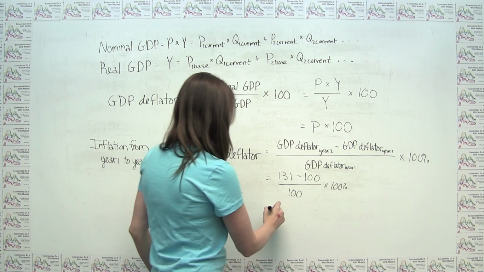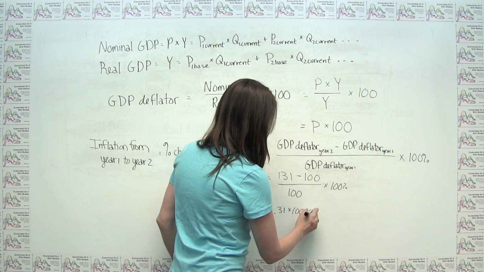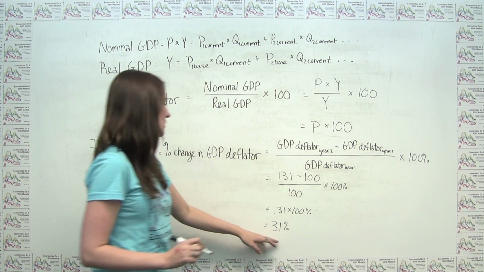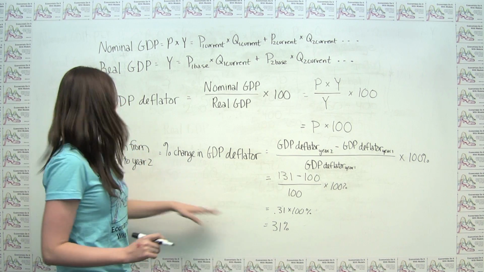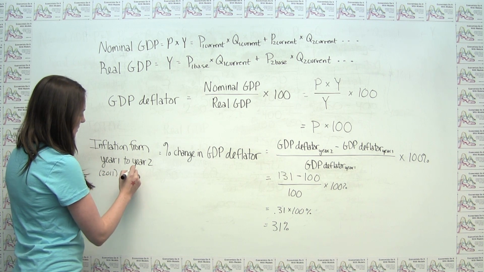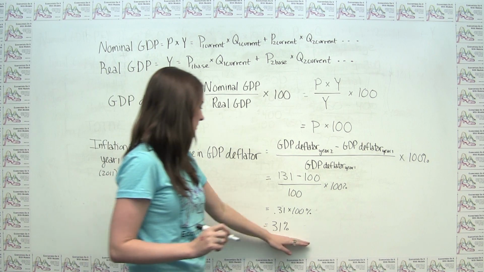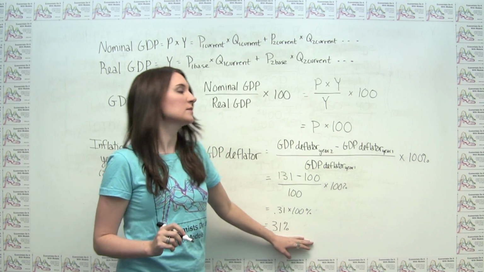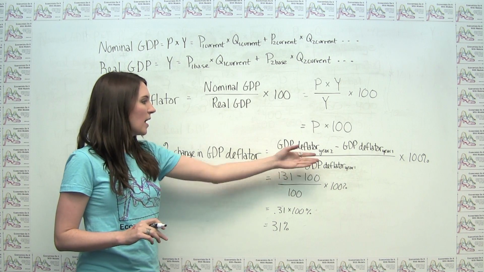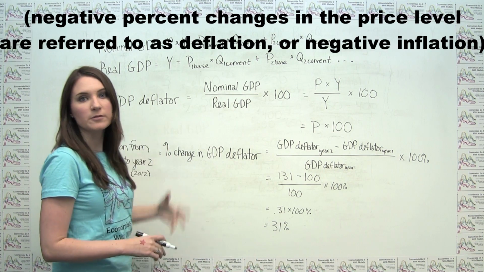This is just going to give us 0.31 times 100%, which is 31%. So we can see that our inflation from year 1, which we said was 2011, to year 2, which in our example is 2012, is in fact 31%. Because we can see that there was a 31% increase in our aggregate price level, which is represented by this concept of the GDP deflator.